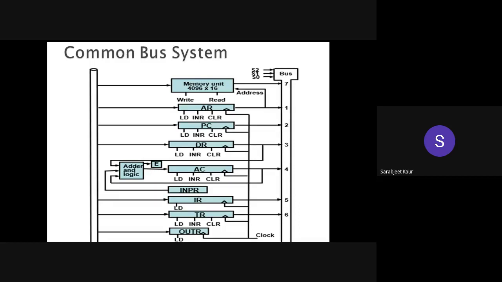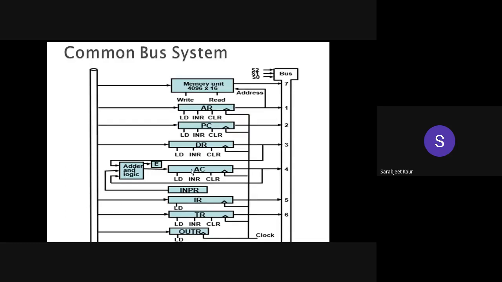Now please look at this adder and logic circuit.